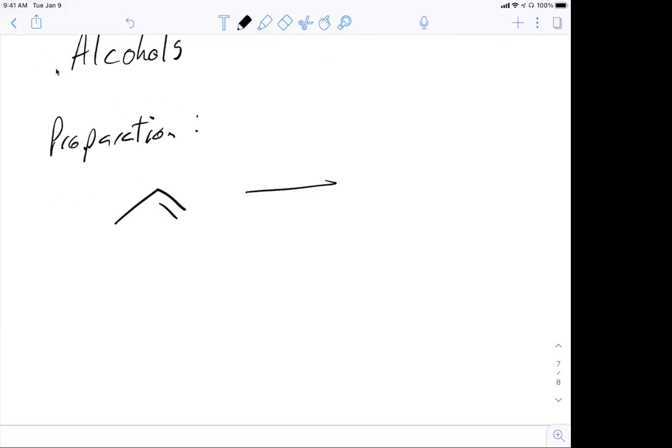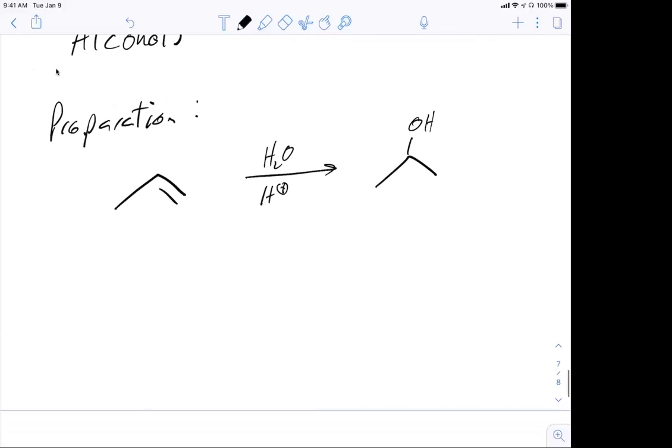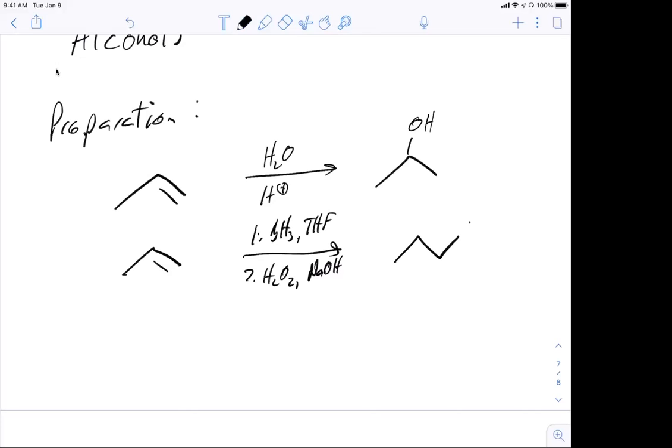So if we take an alkene and react it with water and acid, we're going to get an alcohol. If we take an alkene and react it with borane, followed by hydrogen peroxide and a basic workup, we're going to get an anti-Markovnikov alcohol.